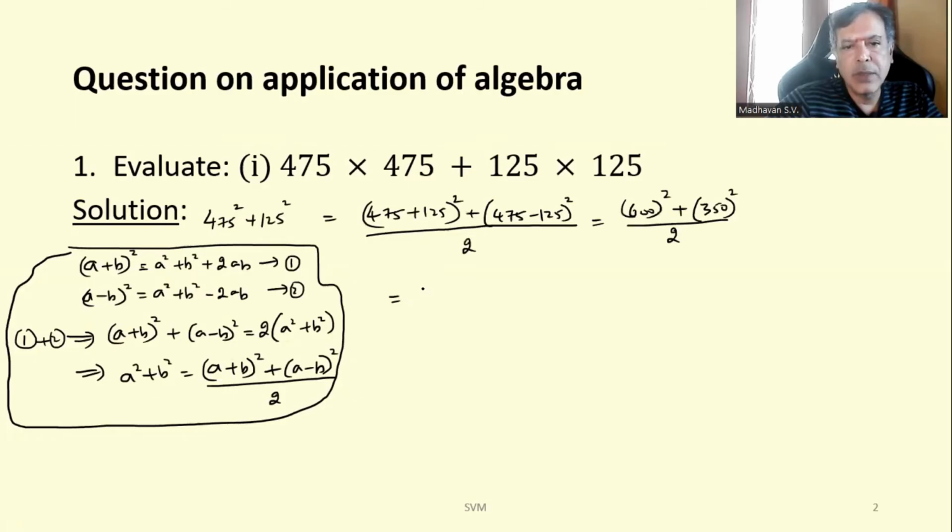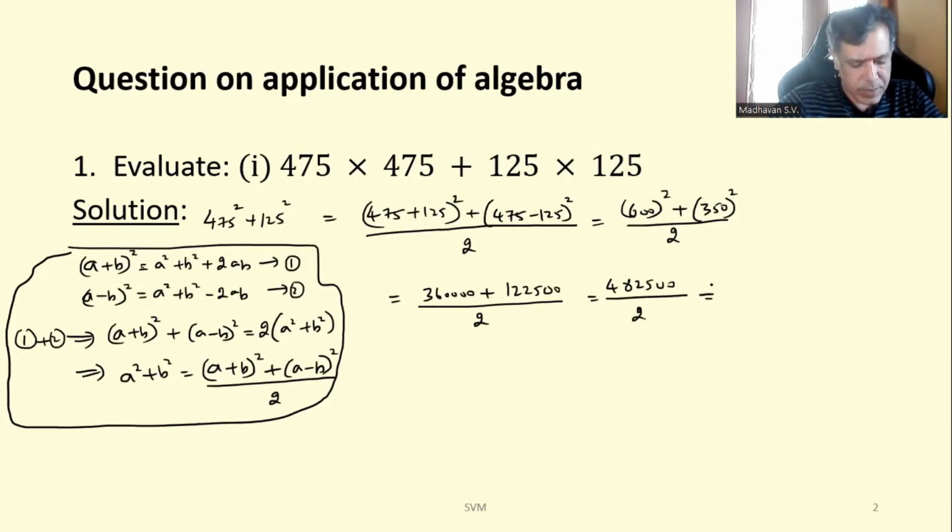So 600 square is 360000, and 350 square is 122500, the whole thing divided by 2. If we add, we get 482500 divided by 2, which gives 241250. That will be the solution for this.